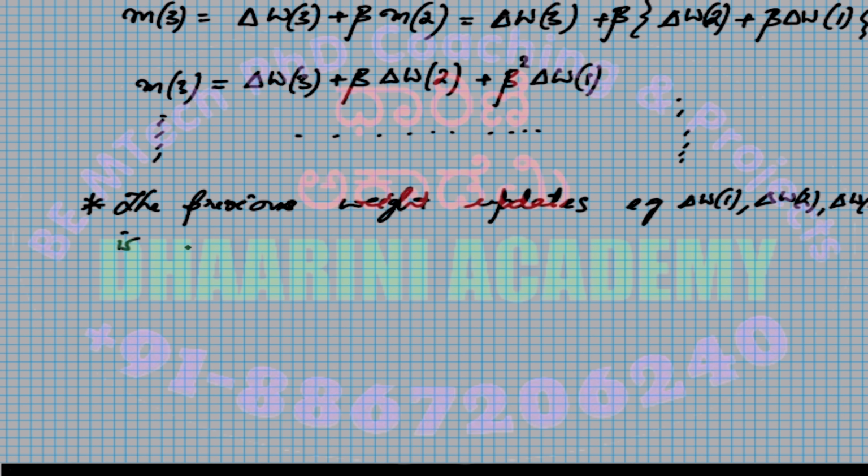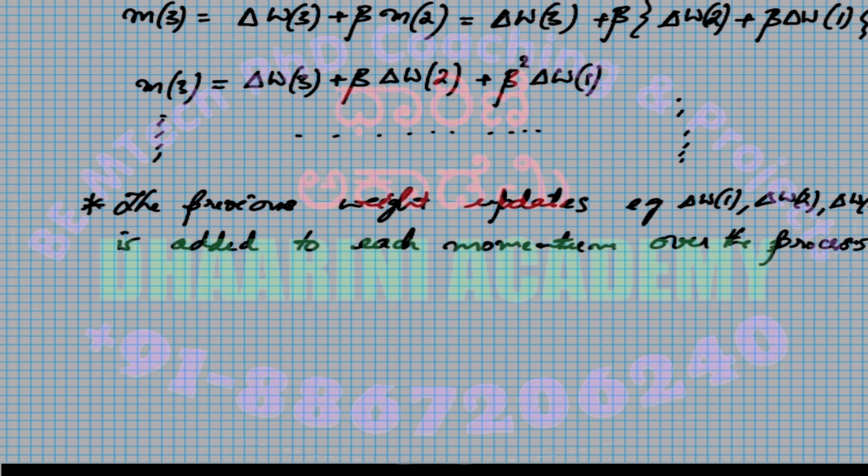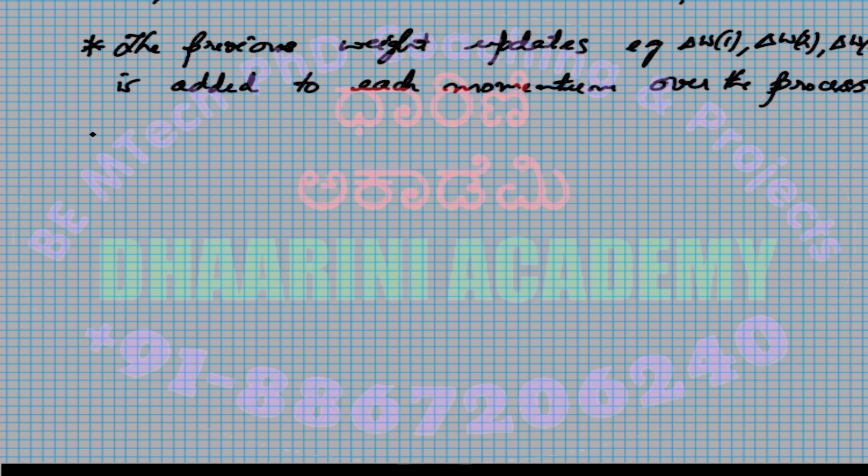Those terms get added to the momentum over the process. This is the first feature that we see. Since the value of beta is less than 1, so 0 less than beta less than 1, I'm multiplying every term by beta.